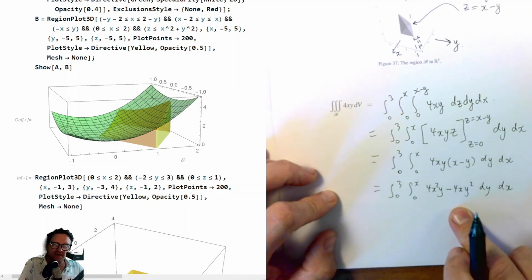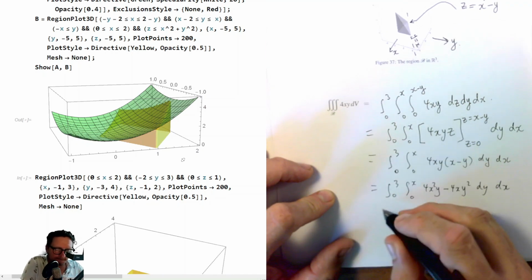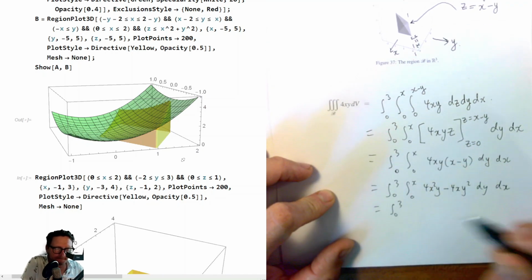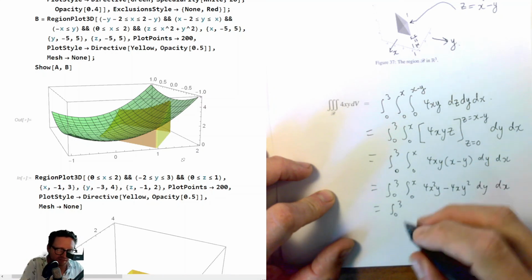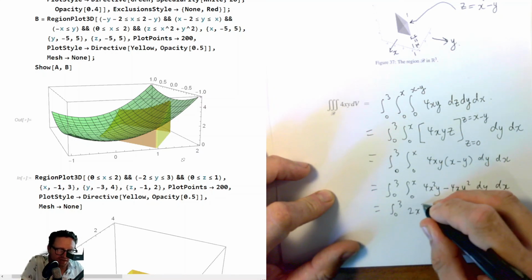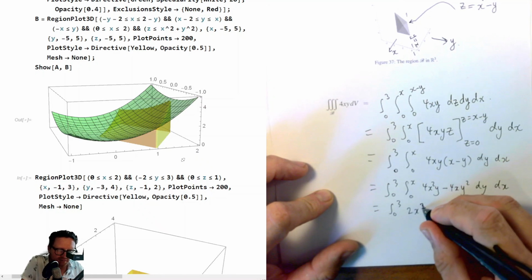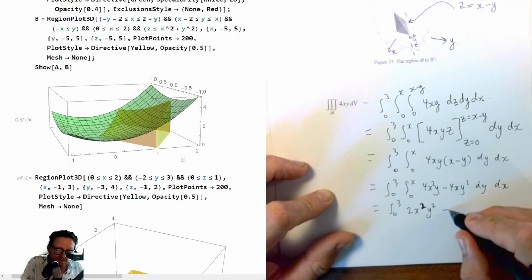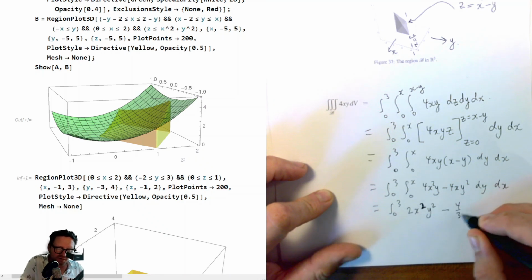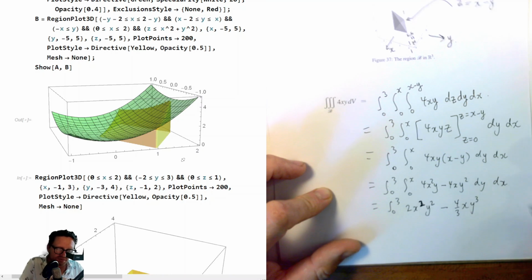Okay, so now let's integrate this with respect to y. And so we're adding 1 to that exponent of y, dividing by 2. So we have 2x squared y squared minus 4/3 xy cubed.